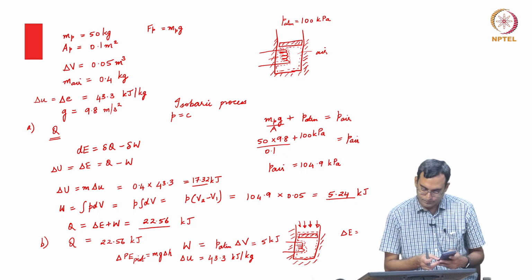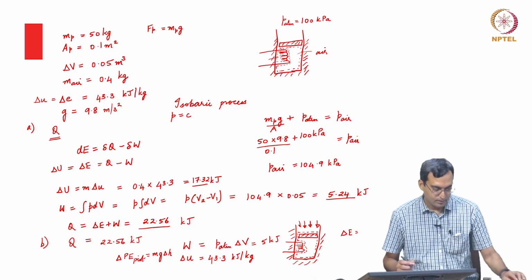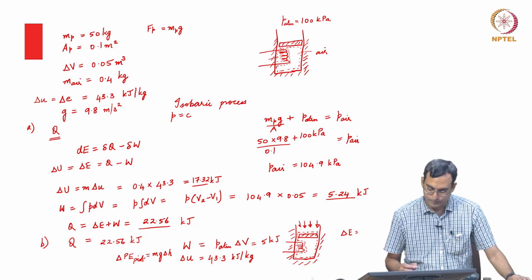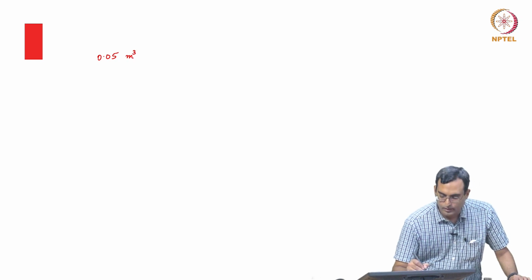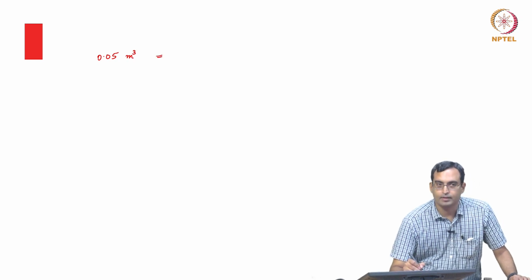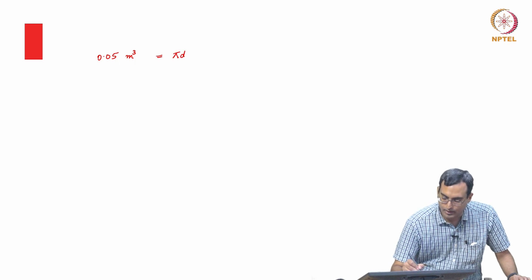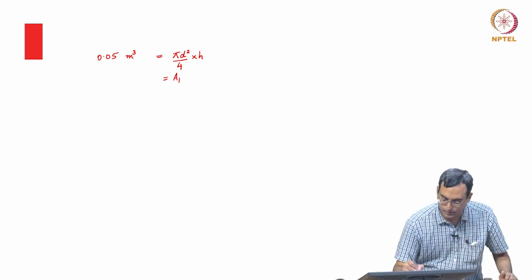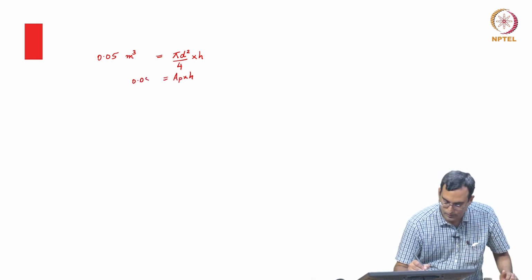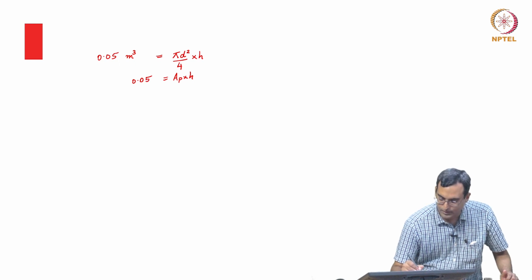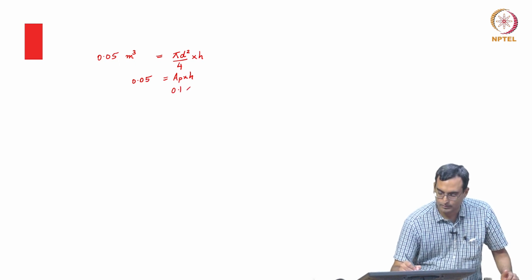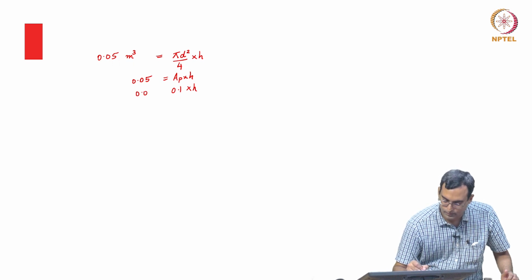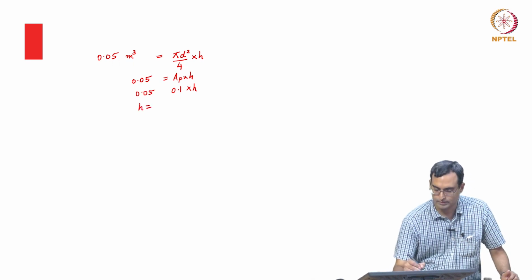So, let me do it anyway. So, the change in volume is 0.05 meter cube. So, this 0.05 meter cube is a cylindrical volume, which must be pi d square by 4 into height, essentially the area of the piston into height. This is given to me as 0.1 meter square. So, I can find out height.